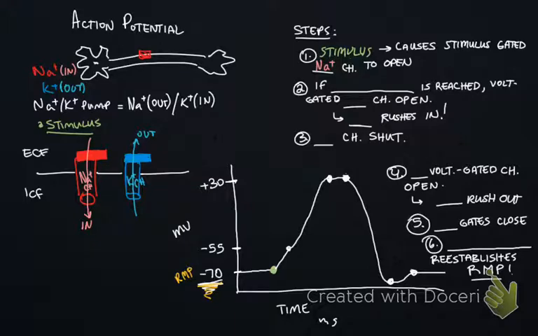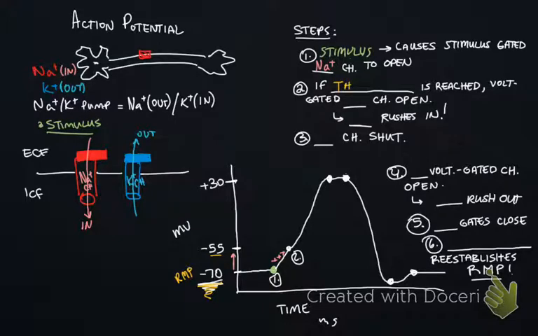So from number 1 to number 2, we're adding positive sodium charges. And what that does is cause our membrane potential to become more positive, from negative 70 to negative 55. Now, negative 55 happens to be a special number. That's what's called threshold.